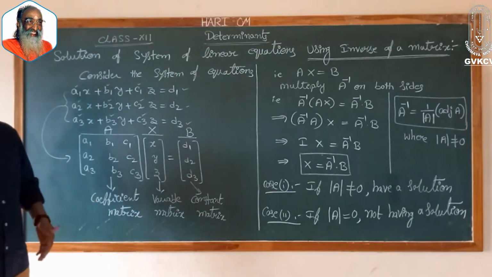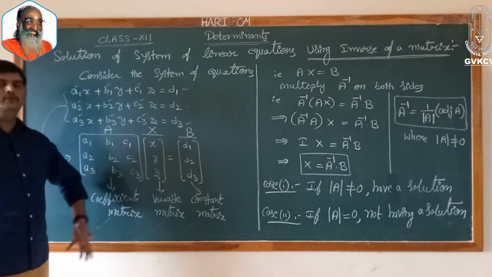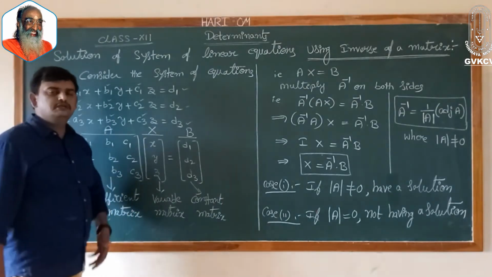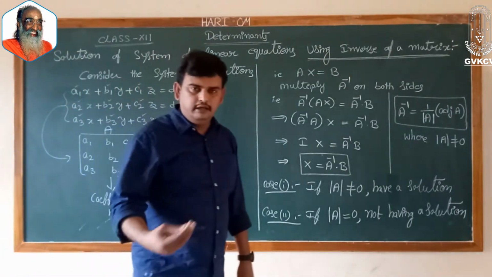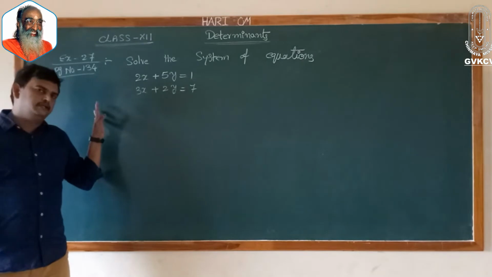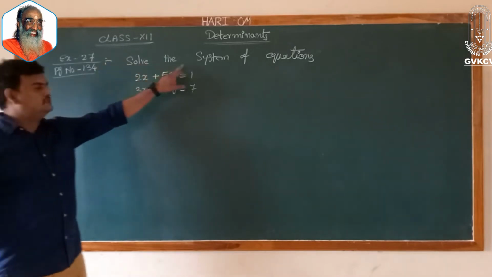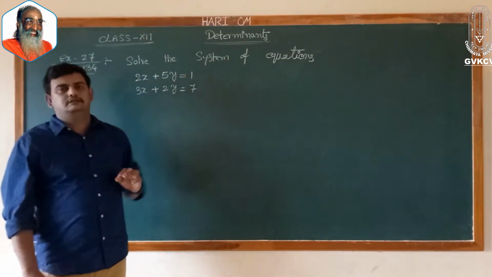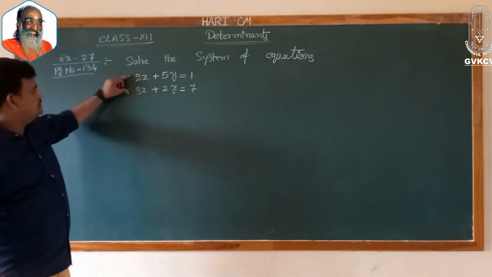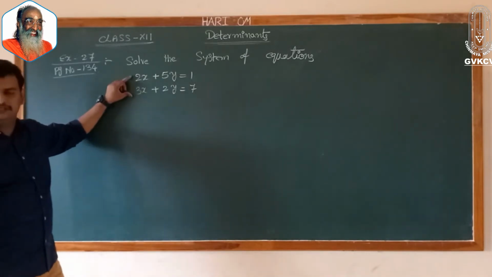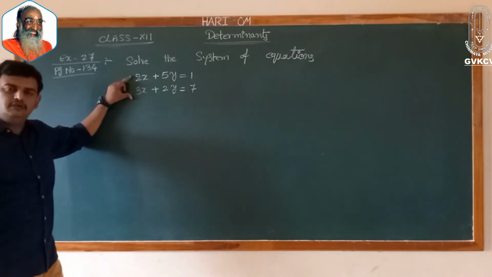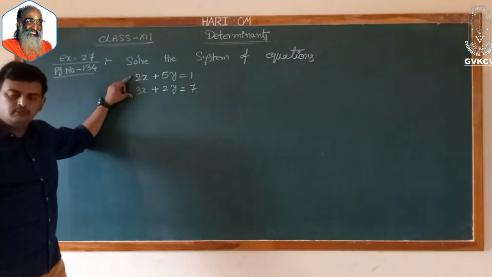Now we see one or two problems on how to solve them by using matrices and determinants. Here we have example number 27 from page number 134. Solve the system of equations. When we observe here, we have two equations, which means we have two variables.